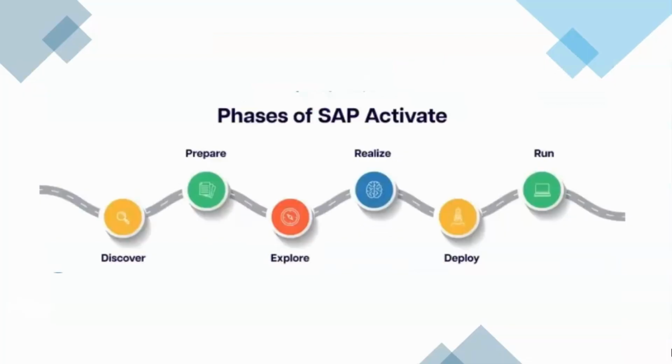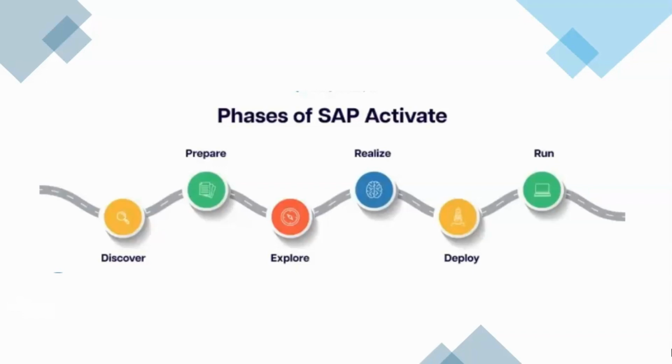Now, to start off with, what are the phases that we have in SAP Activate? We have these phases: discover, prepare, explore, realize, deploy, and run.